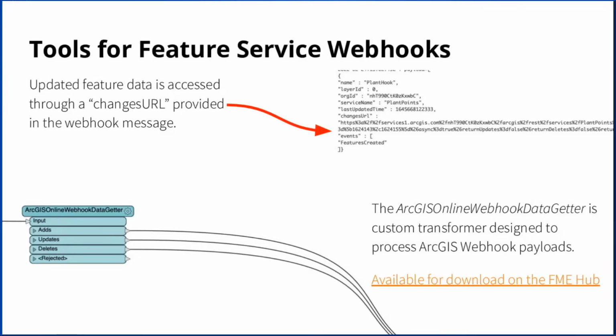But we here at Safe are always interested in automating a workflow. So we've built a custom transformer for extracting that event information from that URL. And it even conveniently sorts it into adds, updates, and deletions. And just want to give a shout out to Matt on this webinar for making this transformer even more awesome. And we're going to be using this transformer in our next demo.